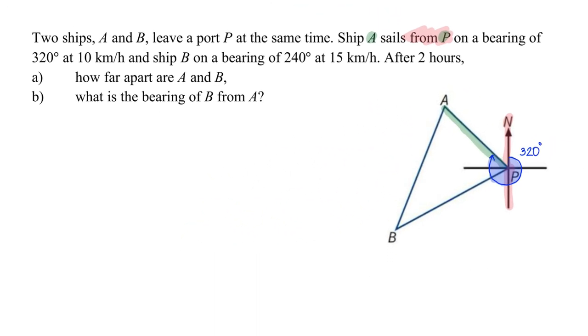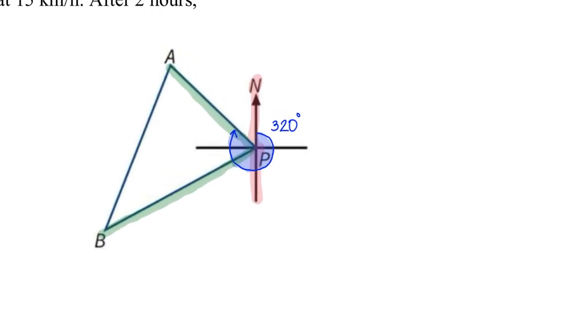Zooming back out. As for ship B, from P, the bearing is 240. So from P again, but now it is B and P. Going back to this 240 degrees, again starting from the north arrow in a clockwise direction.